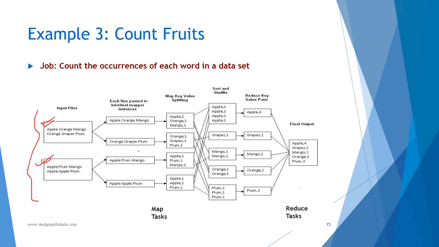One mapper would be created for this, one mapper would be created for this, and one record will be read from this, and the mapper function will be called for this record, and then the next record will be read and the mapper function will be called for it. When the mapper function receives this whole text as the data, it will produce key and value pairs something like this: apple, 1, orange, 1, mango, 1.